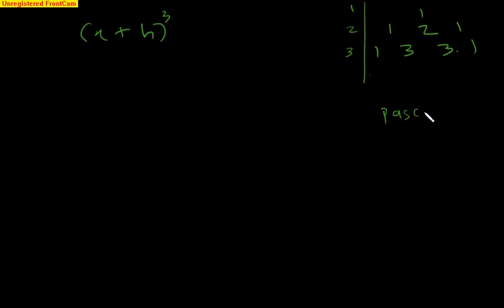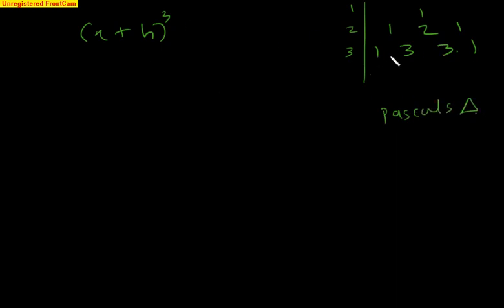See here, (x plus h) raised to cube. Suppose I want to find the coefficients using Pascal's triangle. If you don't know, see here, 2 plus 1 is 3. This is for power 1, this is for power 2, this is for power 3. This is Pascal's triangle.